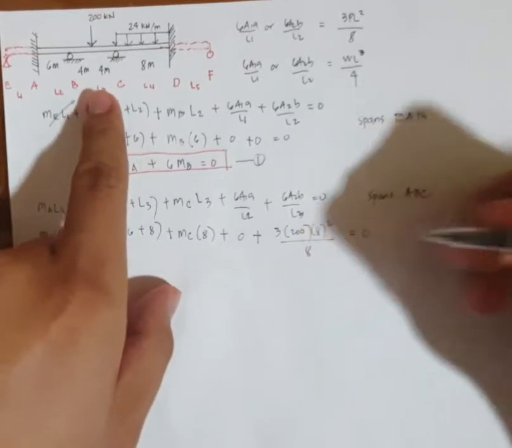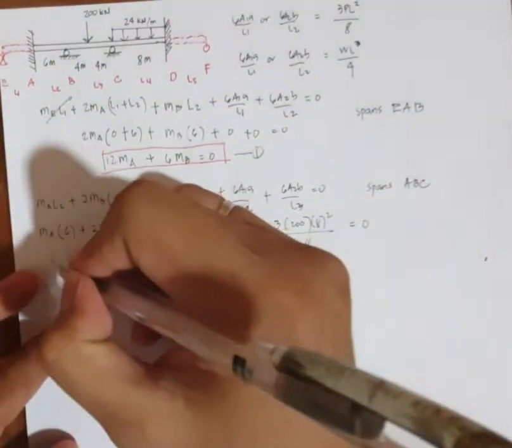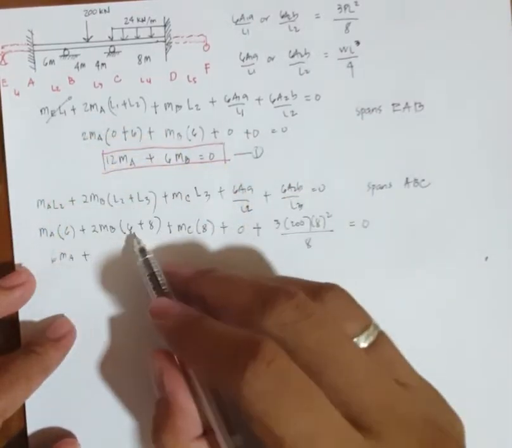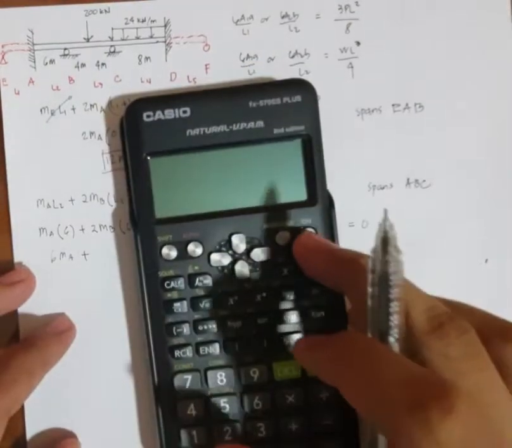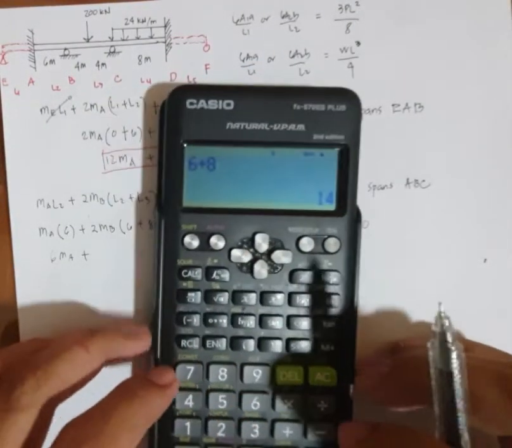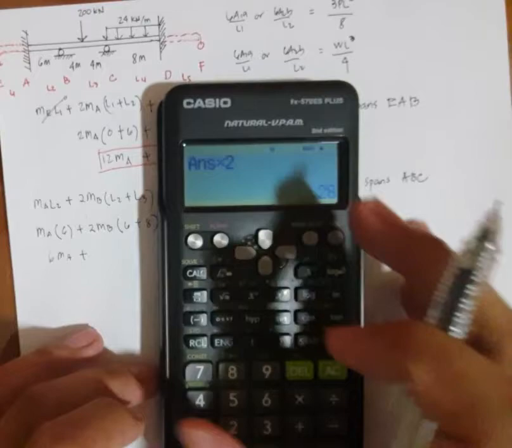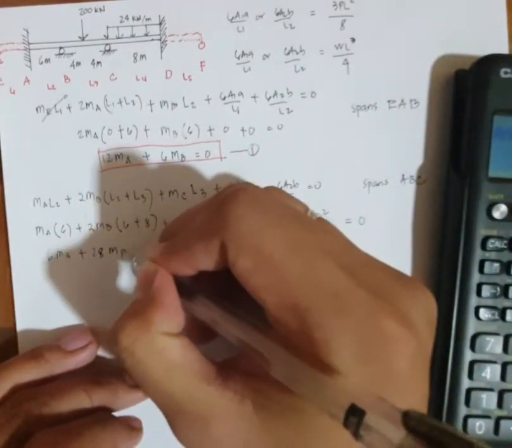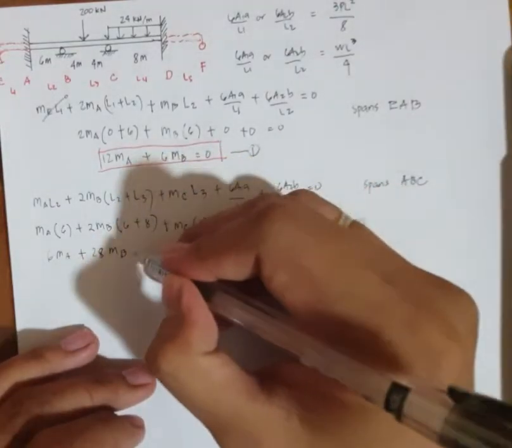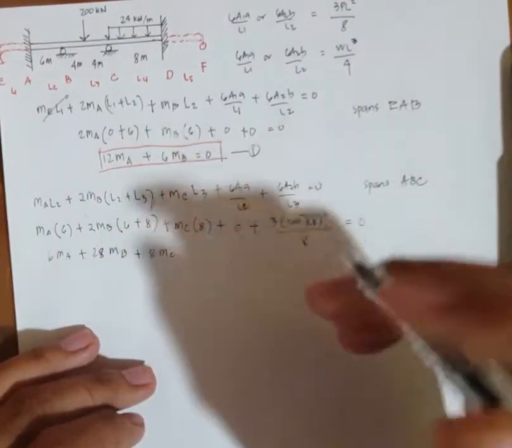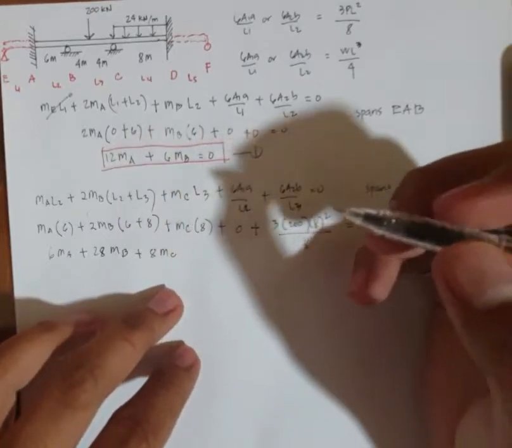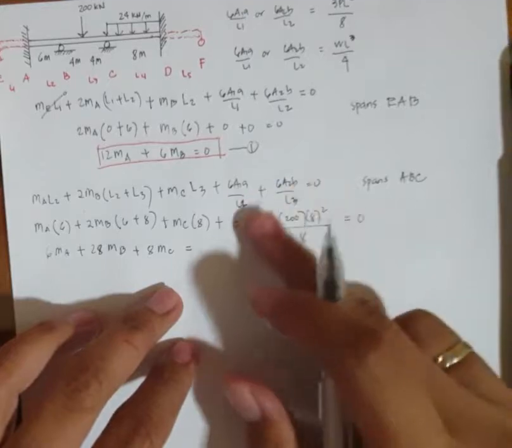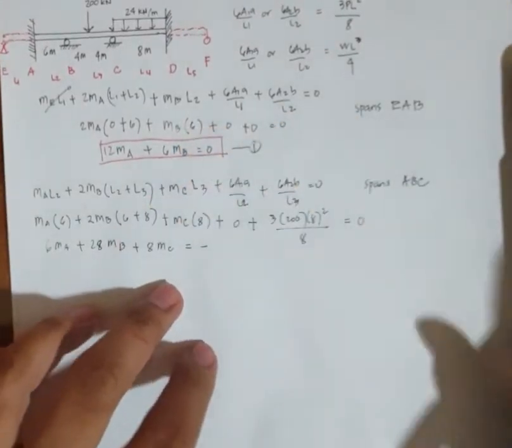Equal to 0. So 6MA plus 6 plus 8, 14 times 2, 28 MB plus 8 MC equal to, negative on the other side.